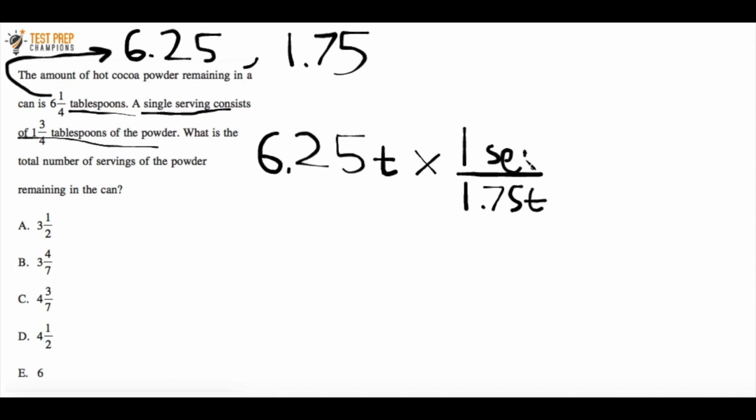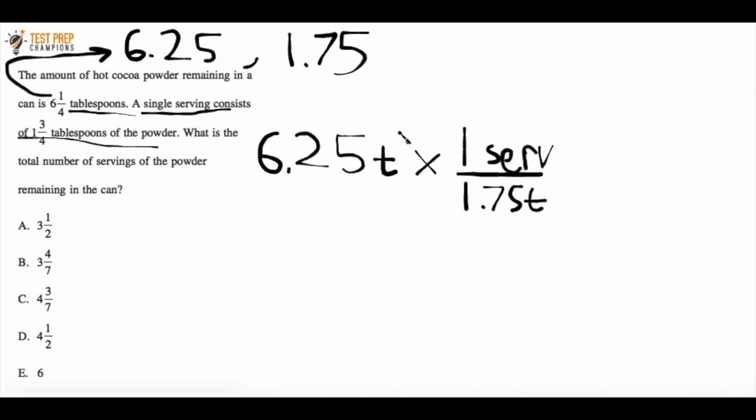So we know a single serving consists of 1.75 tablespoons. That's all I'm doing here, I'm setting this up. 1 serving has 1.75 tablespoons. And I'm doing my math here so that the units are going to cancel out.